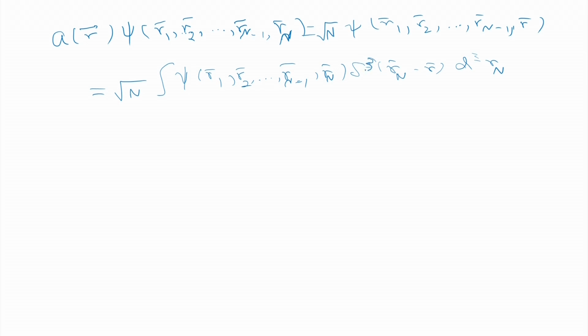In other words, the Dirac delta function does the job of freezing that variable Rn to R. Okay, so this would correspond to annihilating a particle.